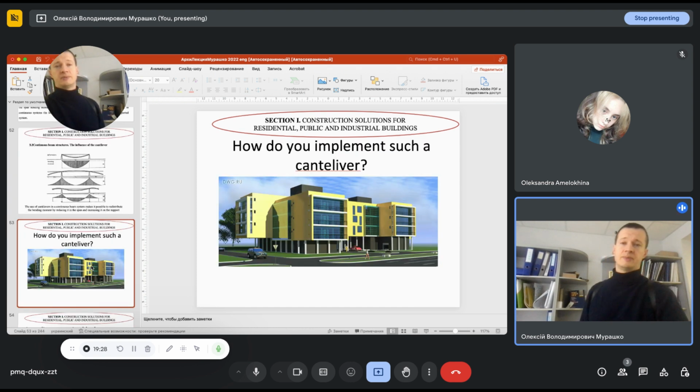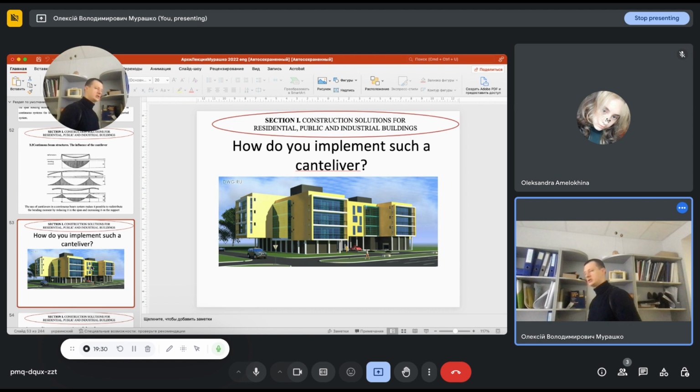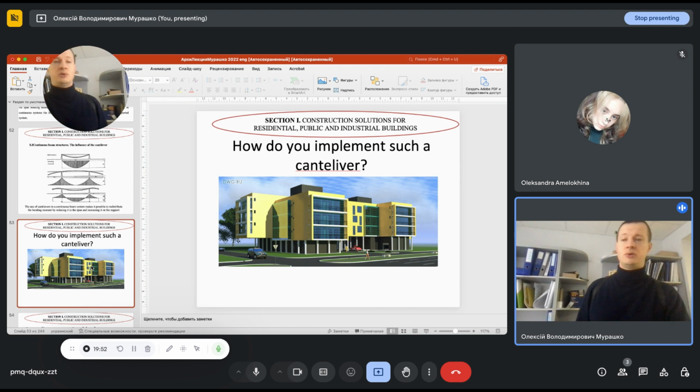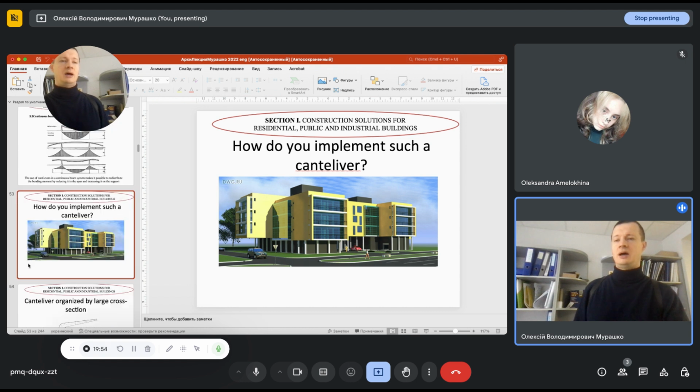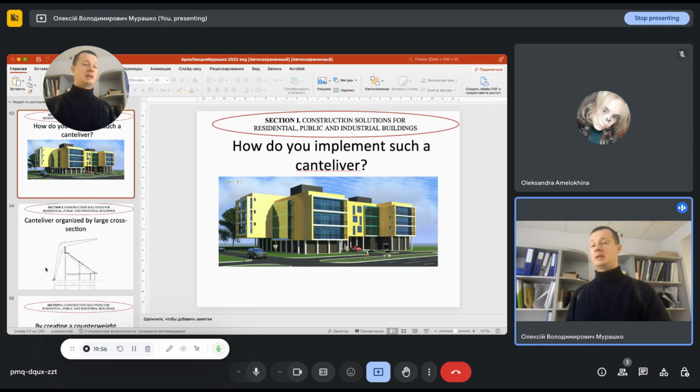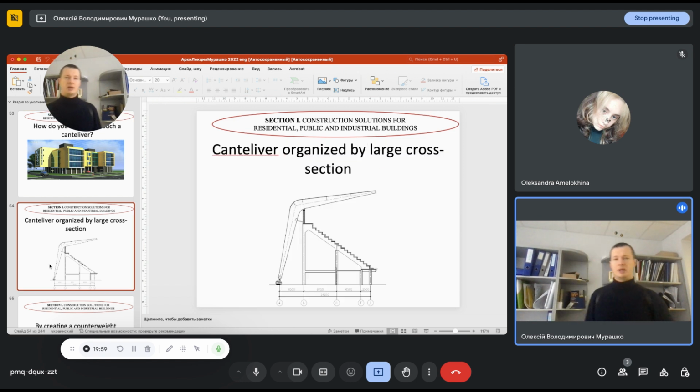And it is a very important question when we are considering cantilever elements, because almost 100% of architecturally interesting buildings with beautiful architecture are connected with huge cantilevers. Cantilevers are not the only elements which give architectural expressiveness to a building, but nevertheless, they give us an ability to make something that looks unique.